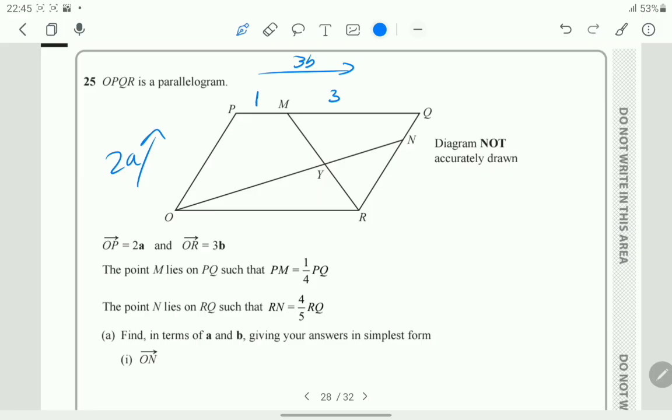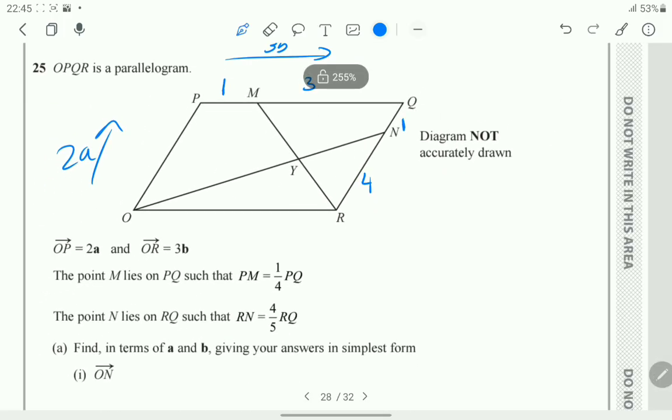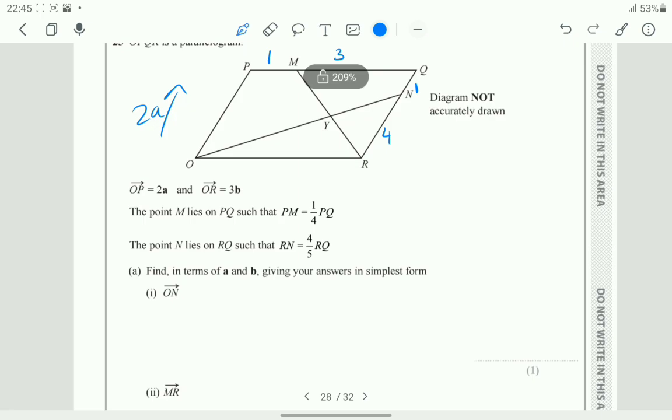And the point N lies on RQ such that RN equals 4 by 5 RQ. So RN is four parts of this, and this is one fifth part. So the total RQ is 5 in terms of ratios. Find in terms of a and b, giving your answer in the simplest form.